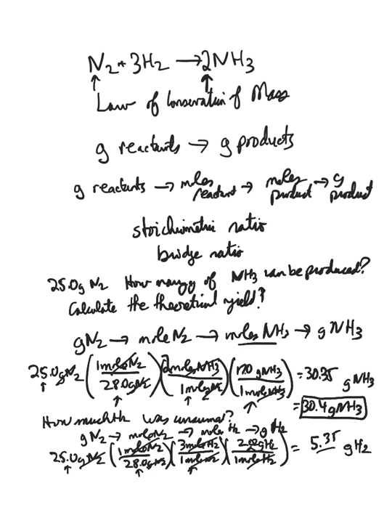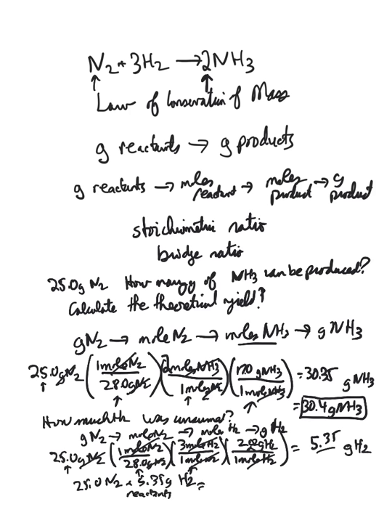Now here is a check. I can go back to my law of conservation of matter that says that the number of grams I start out with has to equal the number of grams I wind up with. Grams reactants has to equal grams product if everything is reacting exactly. So I got 25 grams of nitrogen plus 5.35 grams of hydrogen. Those are my reactants.